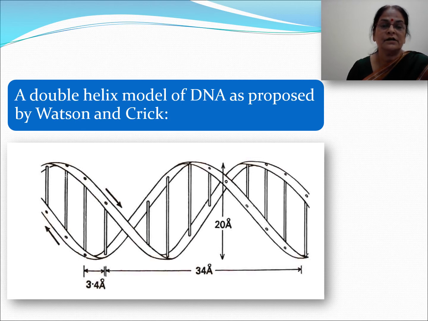According to Watson and Crick, this pitch is 34 angstrom in length, and it contains 10 base pairs. इस दूरी को टर्न या पिच कहते हैं, और इसके बीच में 10 बेसिस हैं. प्रत्येक बेस के बीच की दूरी 3.4 एंगस्ट्रॉम है. अभी जो रीसेंट स्टडीज है उसमें यह है कि 10.4 तक बेसिस होते हैं इसमें.